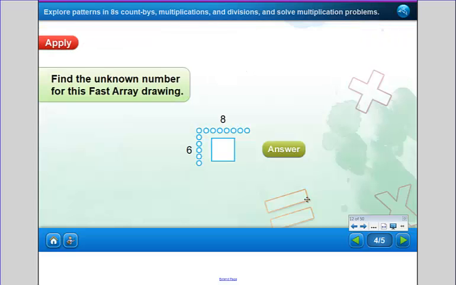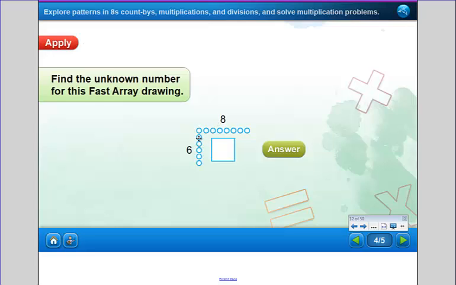Well, fast arrays. Remember fast arrays, we take the numbers across are 1, 2, 3, 4, 5, 6, 7, 8. And so that 8 is a factor.